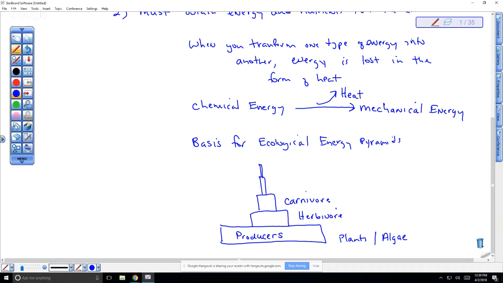A good example of this, if we look at an interesting aquatic example in the ocean, we have algae. And then we have organisms that are called zooplankton. What's an example of zooplankton? Does anybody know? There are these tiny, tiny animals that float in the ocean, and they float in currents.